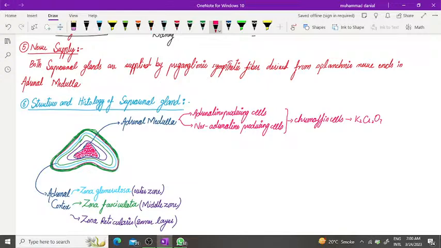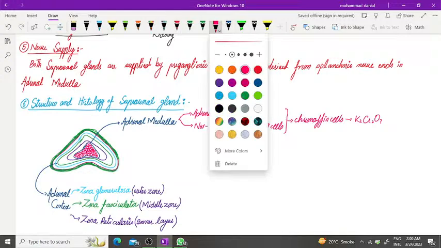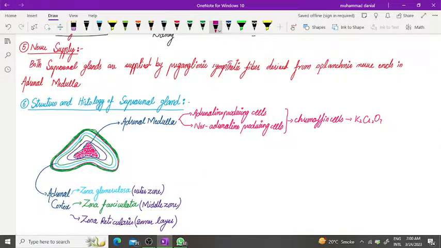How do these cells look? Now I am going to draw the internal cellular features of these chromaffin cells here. These chromaffin cells look like this shape.